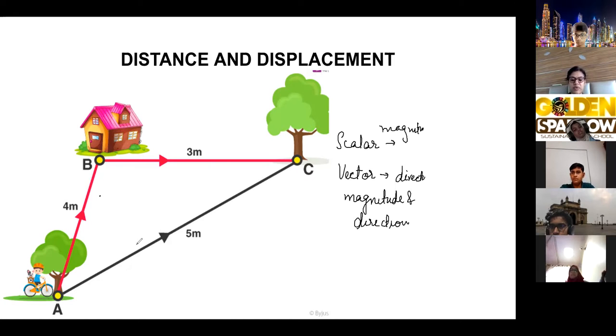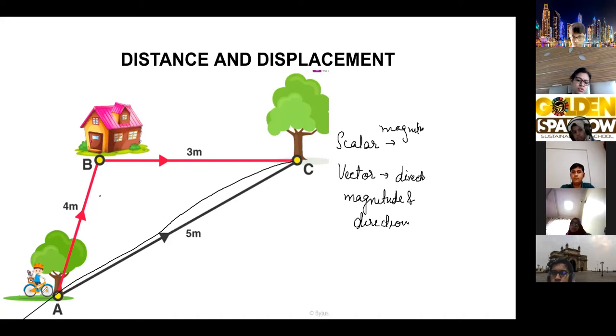Okay, one more example I'm taking. Suppose this cyclist starts from here, goes here, then here, and then he comes back to his original position. This is a new example. This distance is 5 meters.